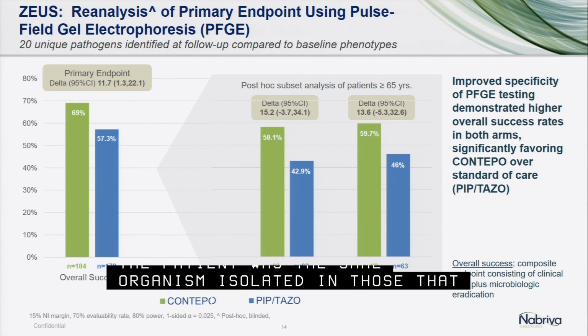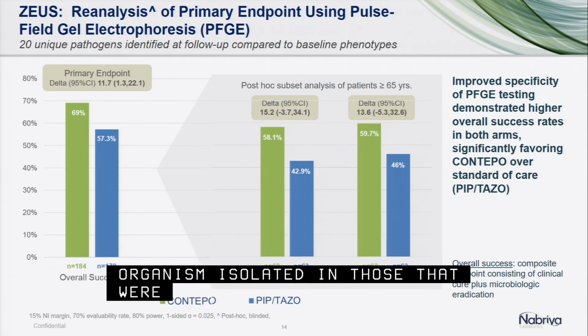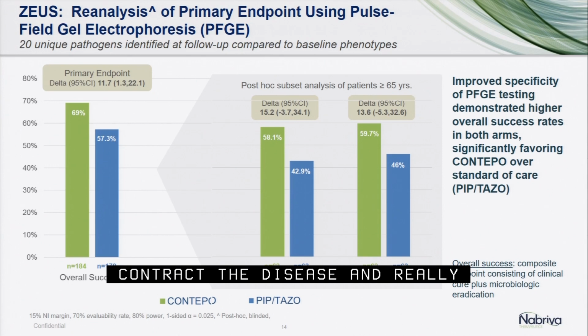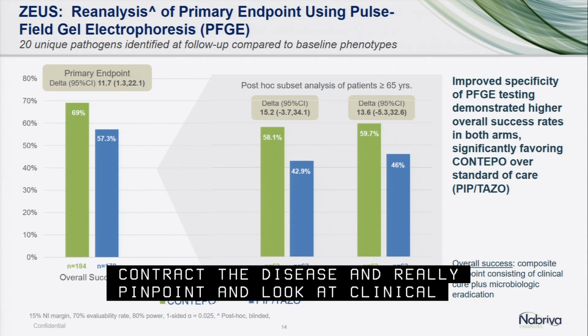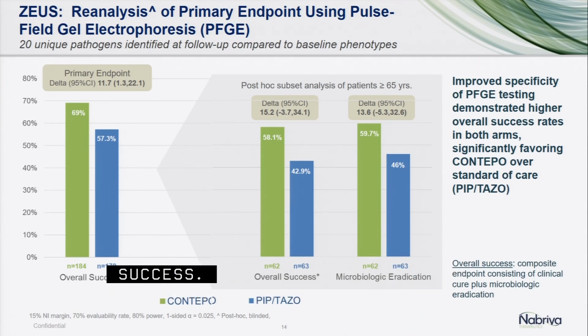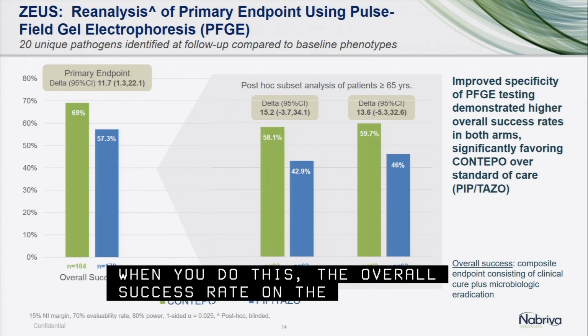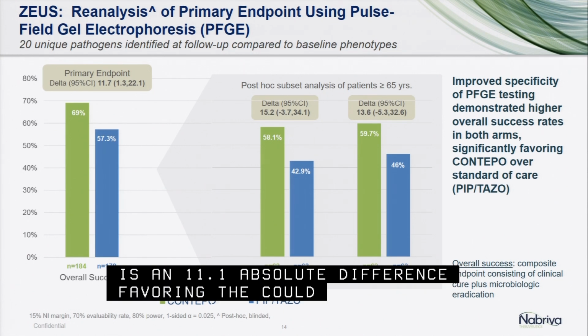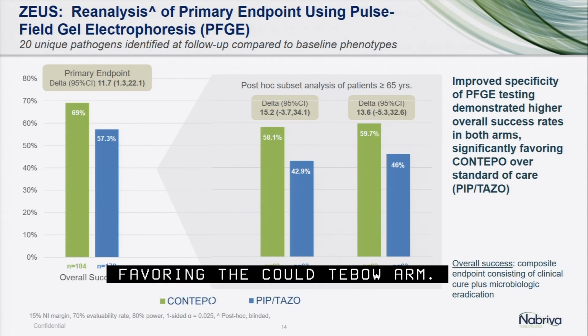By doing this, we can really track the disease state and pinpoint clinical success. And when you do this, the overall success rate here on the left, you'll notice there's an 11.7% absolute difference, numerically favoring the Contipo arm with a confidence interval that does not cross 0, meaning that it reached statistical significance. And again, these trends continue when you're looking at the elderly population.